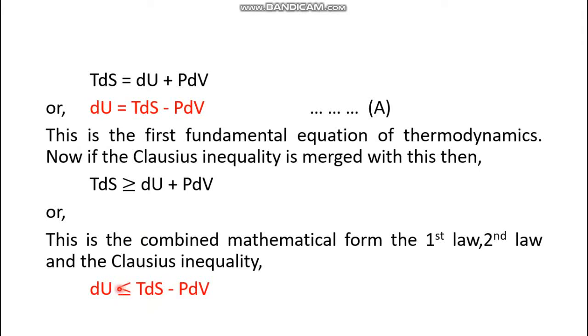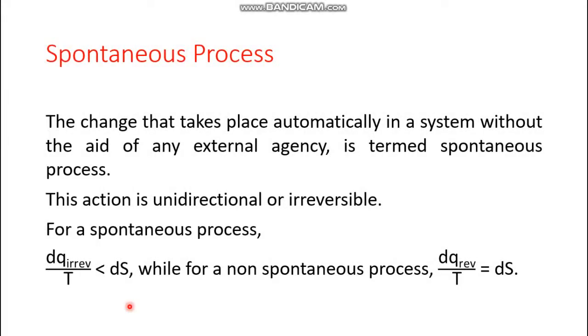Actually the inequality sign indicates irreversibility of the system, and irreversible means it is a spontaneous process. On the other hand, the equality sign indicates reversibility of the system, and reversibility is applicable for the system when it has attained equilibrium. Okay, so this is very important.